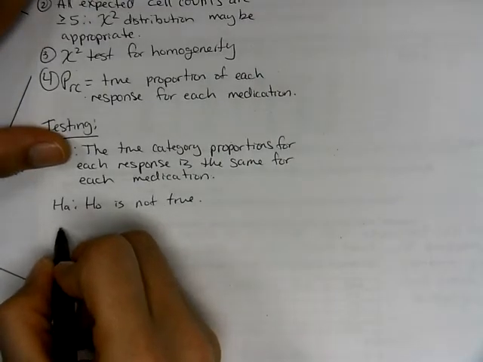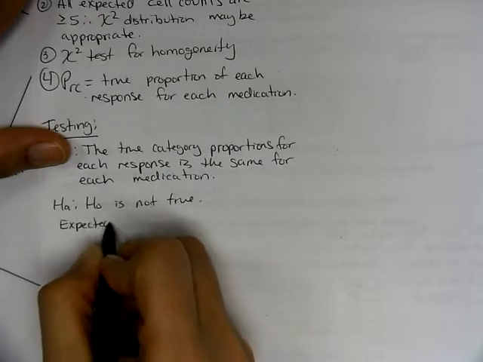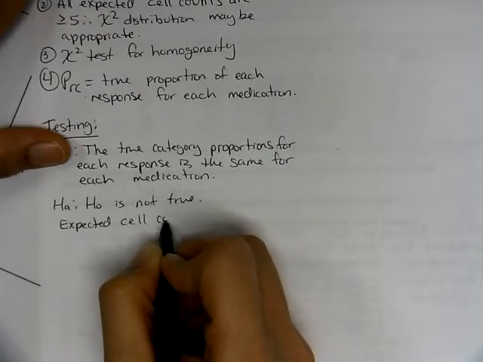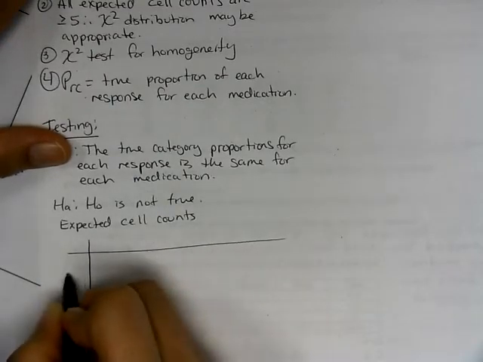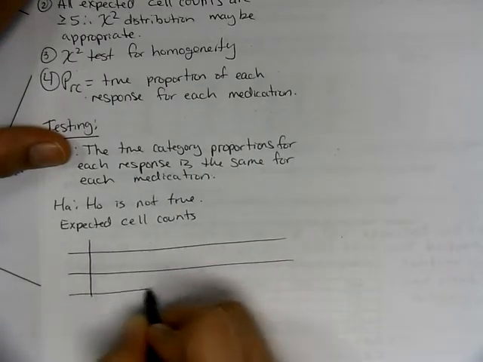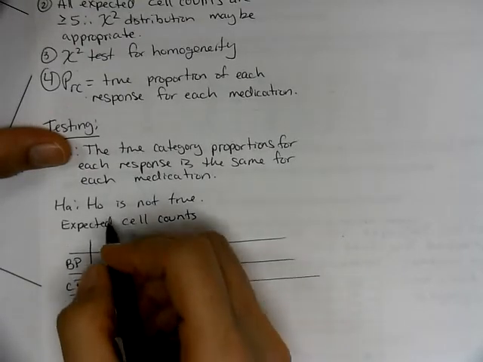Okay, so now you got to do your table. So here are my expected cell counts. Now, you don't have to do totals. So we have BP and CP.